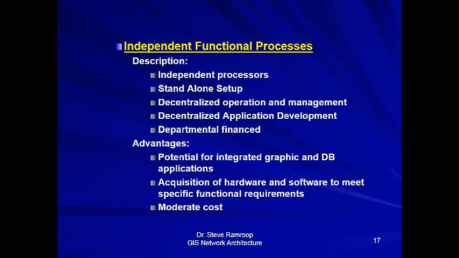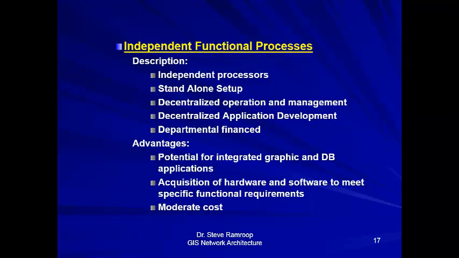The description of it is independent processes, decentralized operation and management, decentralized application development, and it's only departmental finance. So within a department, you might have a few computers that are not sharing data among themselves. In order to use data, you have to copy it from one computer to the other.